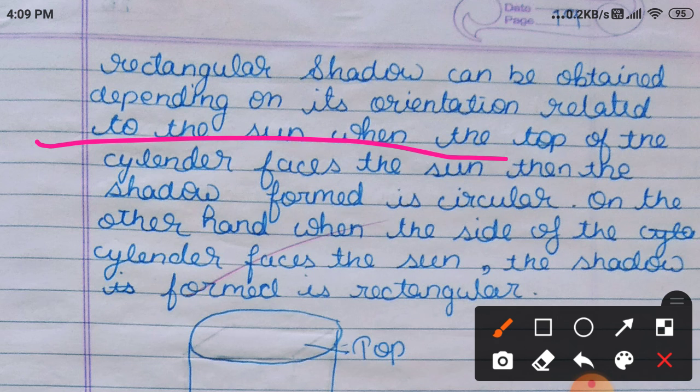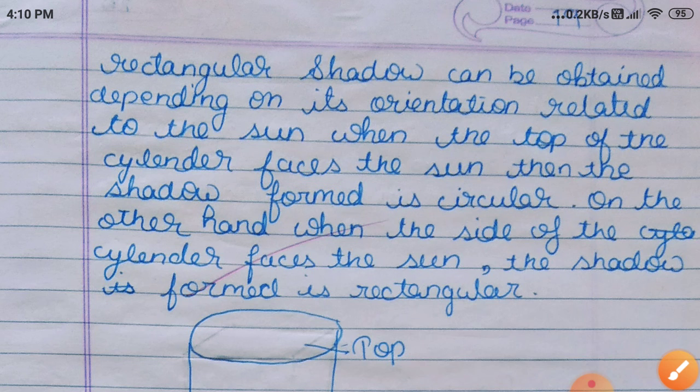When the top of the cylinder faces the sun, the shadow formed is a circle. On the other hand, when the side of the cylinder faces the sun, the shadow formed is rectangular.